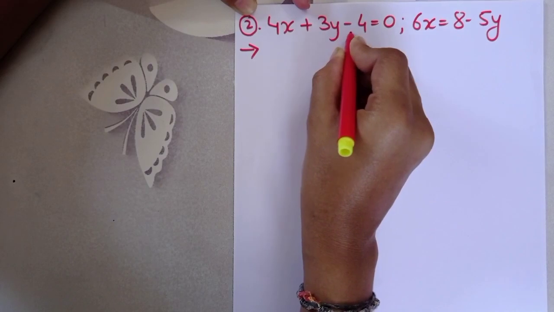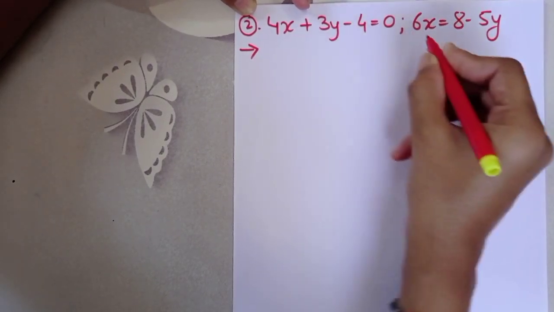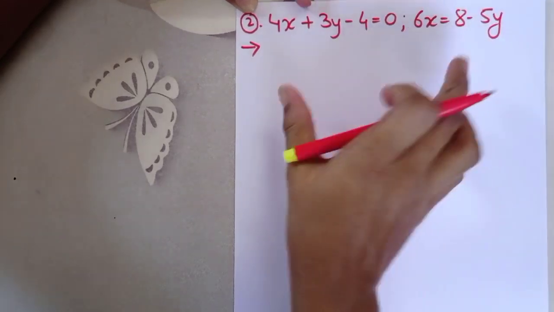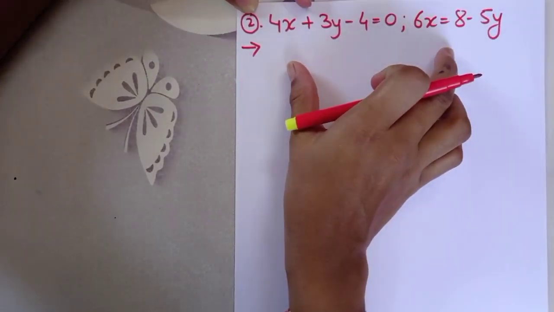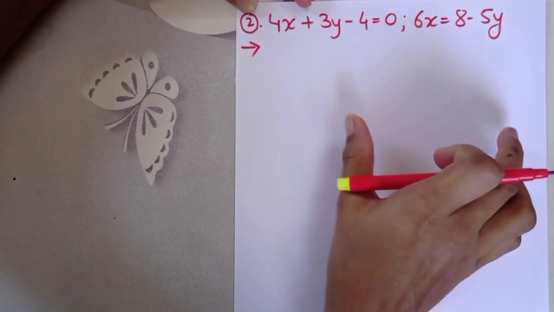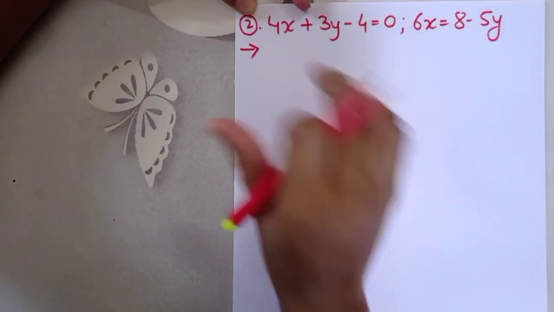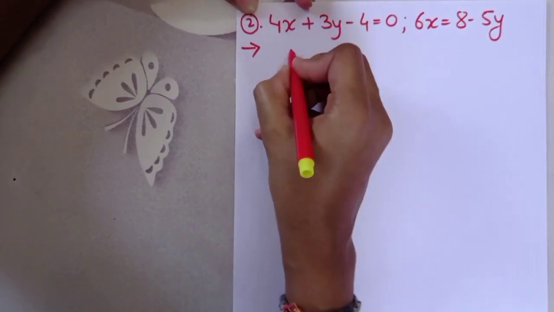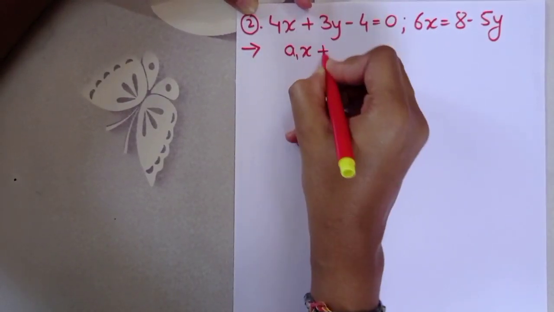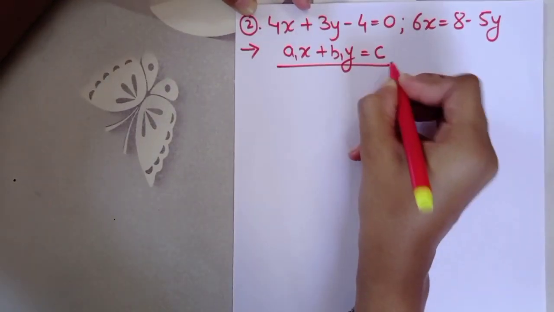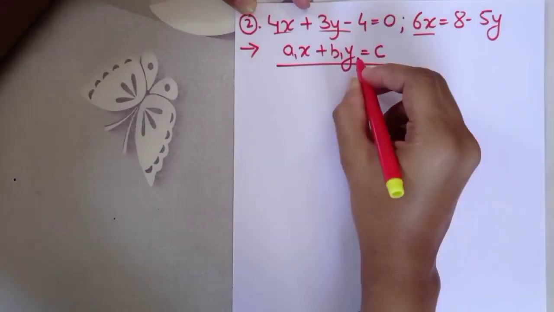4x plus 3y minus 4 is equal to 0 and 6x is equal to 8 minus 5y. We are going to solve these simultaneous equations with the help of the determinant method, that is Cramer's rule. But the equations should be in the form a1x plus b1y is equal to c, and these equations are not in this form.